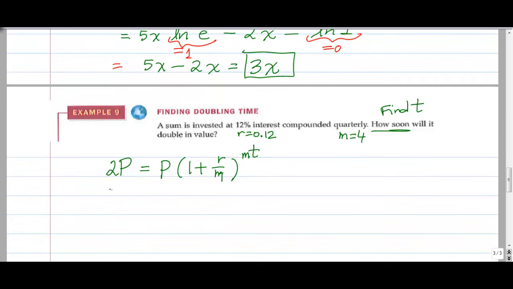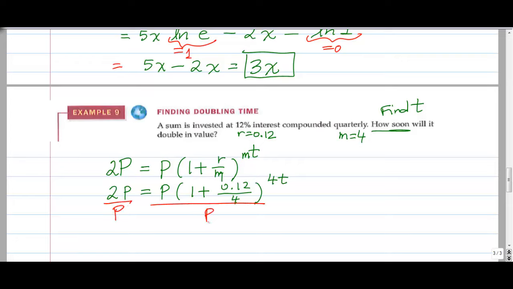So let me go ahead and plug in what I know. 2p equals p times (1 plus 0.12 over 4) raised to the 4t. Okay, and then t is what I'm solving for. Now right off the bat, you can see I have the same variable on both sides, p and p. I can divide out, right?